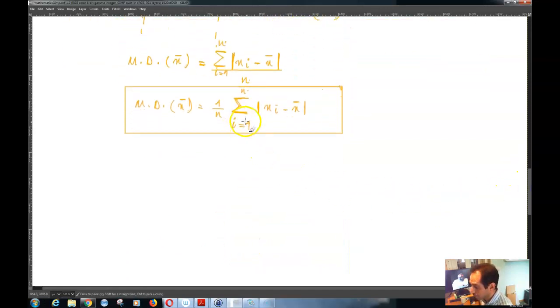And then you can also have the mean deviation about the median. M denotes median here. So here x bar is the mean.